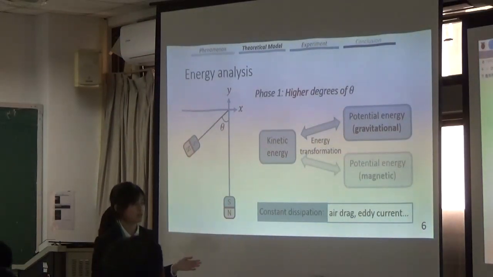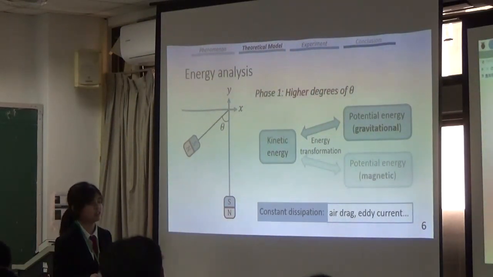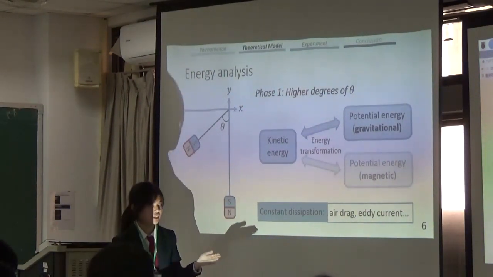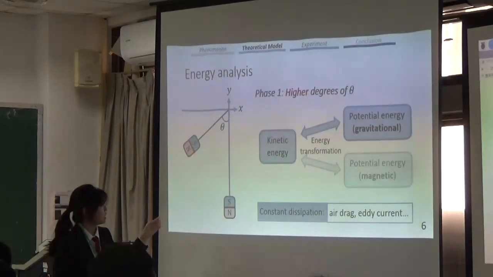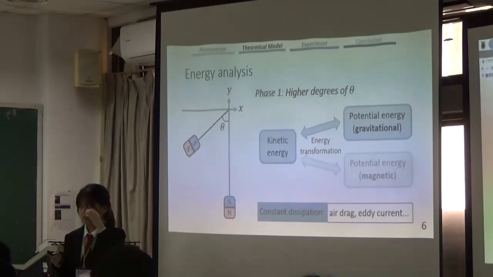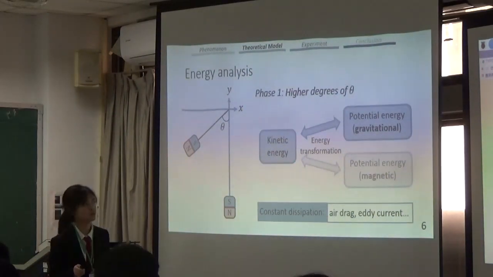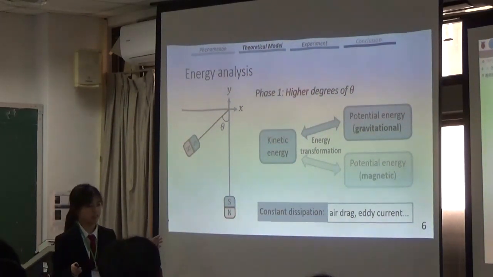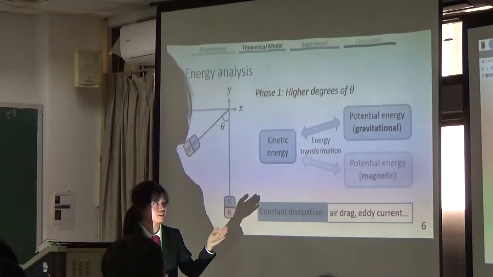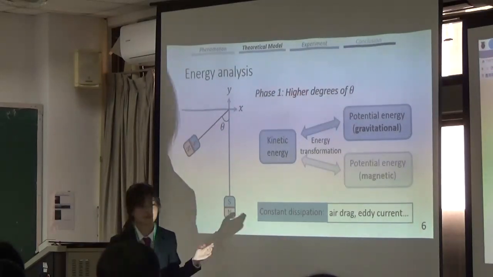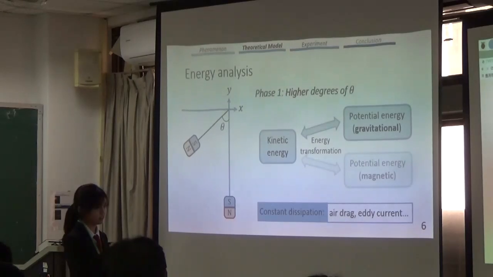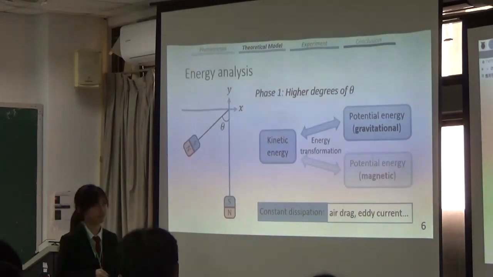The constant dissipation of this phenomenon will be air drag and eddy current. Because the distance between the two magnets will be very far, the potential energy provided by the magnet won't affect the phenomenon obviously.